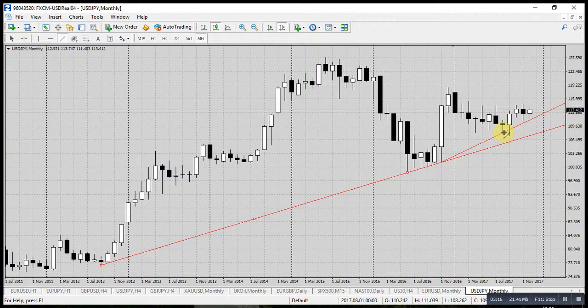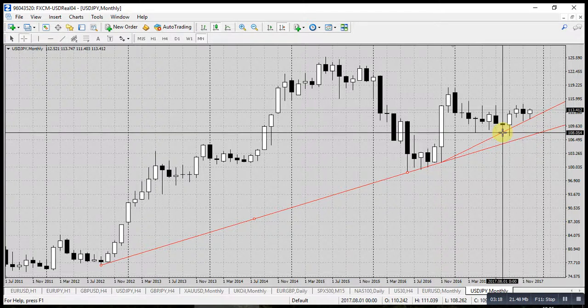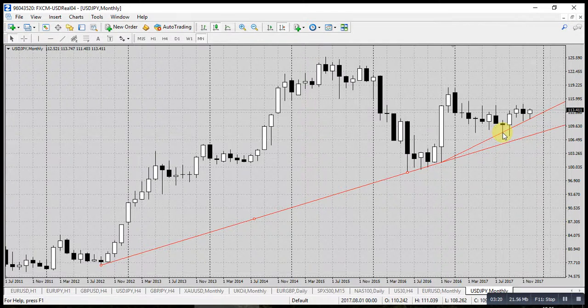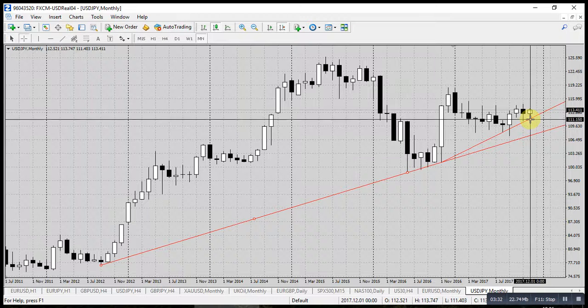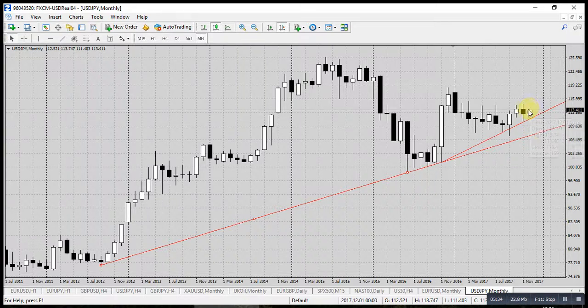Okay, what about this one? August 2017. So these two dots, it's a perfect trend line for now. And you see in December it just tested this line and is trying to go up. So I know it's a big picture.